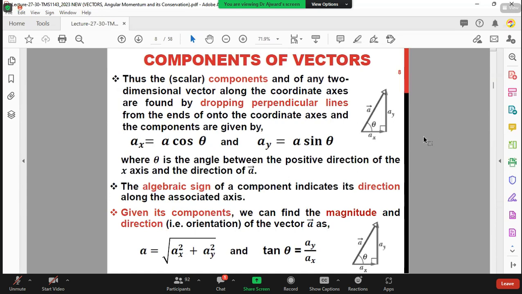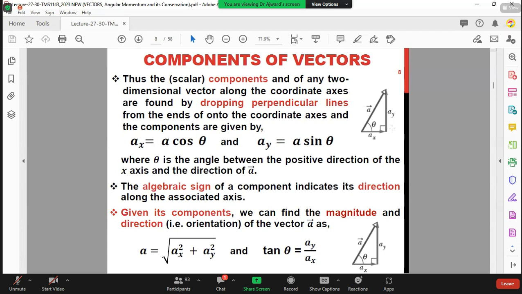That is to the right side, right? Like here. If it is negative, you have to draw the arrow in the opposite direction. Same goes for the y component also.